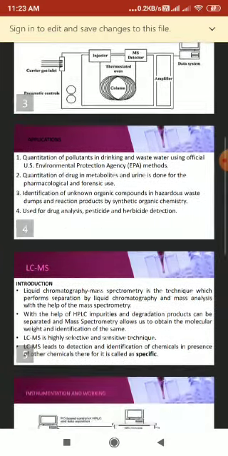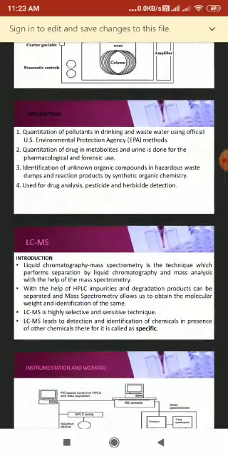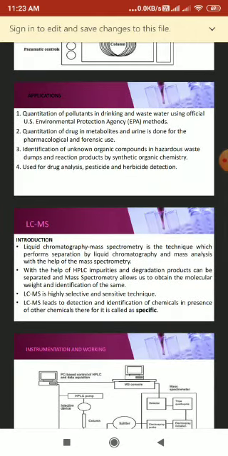Now we have seen the second hyphenated technique, that is LCMS. LCMS means liquid chromatography mass spectrometry. So this is the technique which performs separation by liquid chromatography and mass analysis with the help of mass spectrometry.